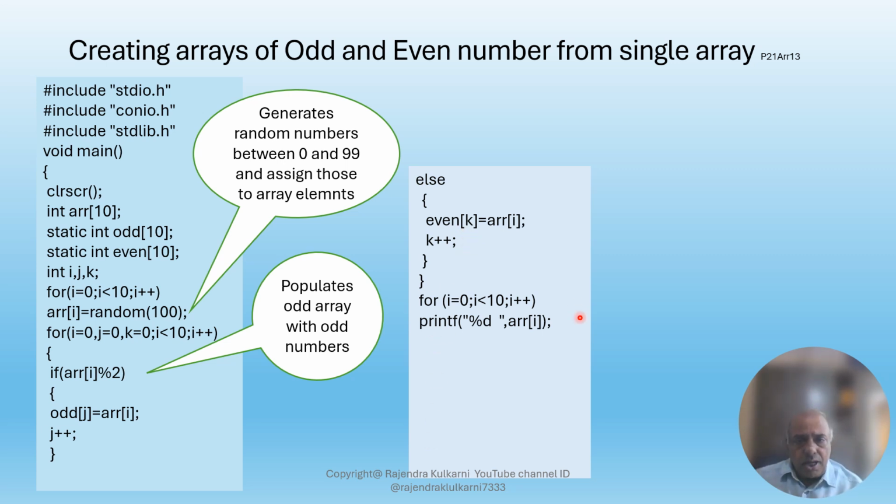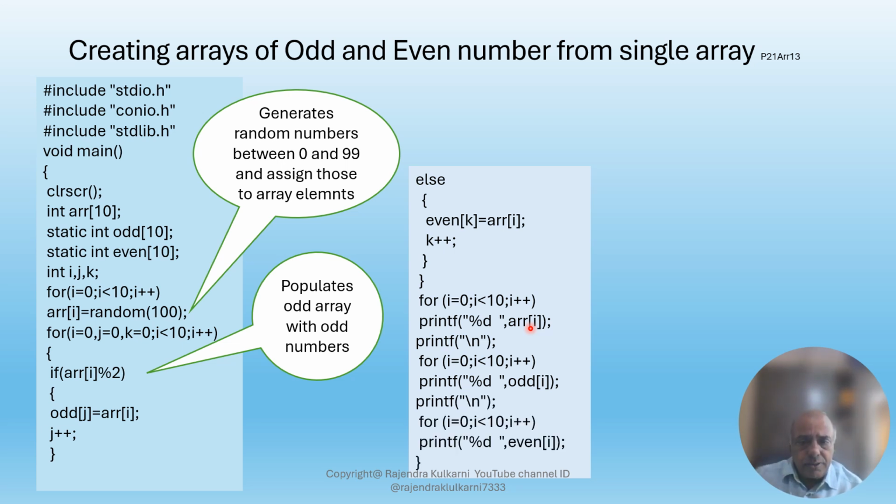And this for i equal to 0 loop gives us the elements of the array. Then the next loop gives us the elements stored in the odd array, and the next loop gives us the values stored in the elements of the even array.